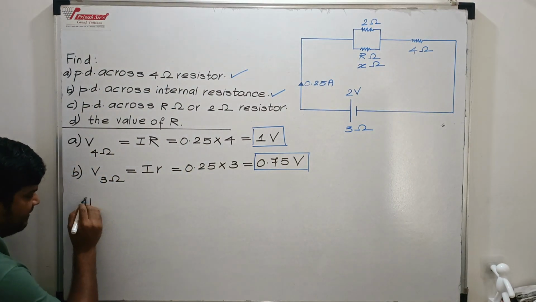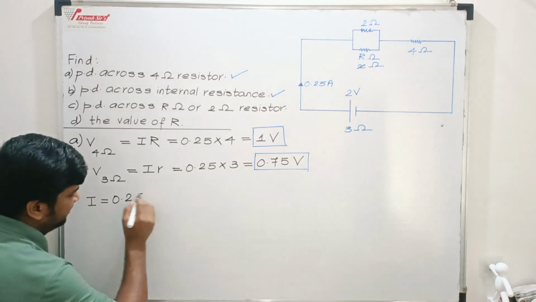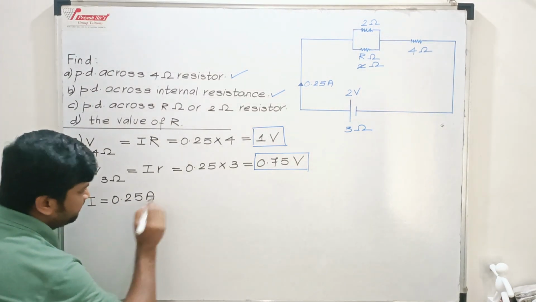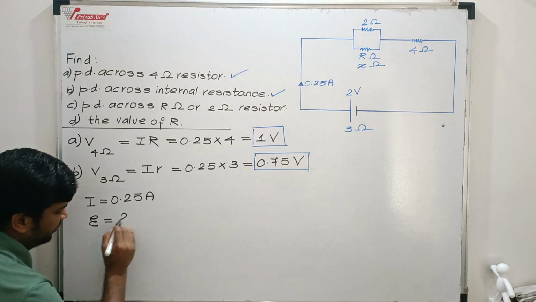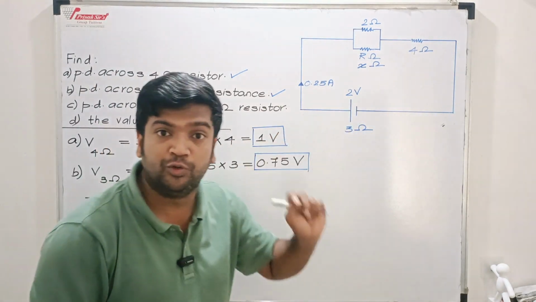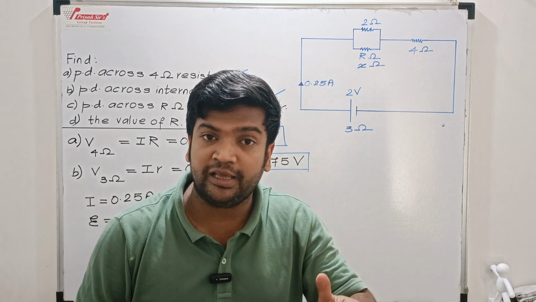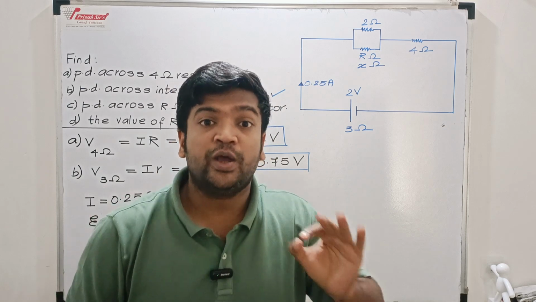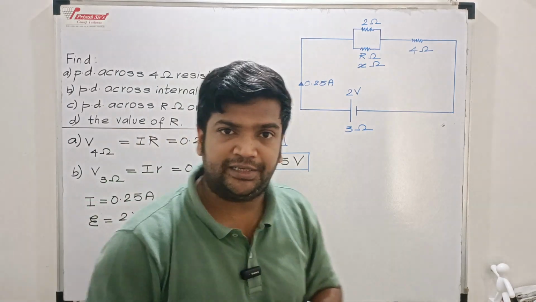Now I is given 0.25 ampere. EMF is given 2 volt. It's readily on the diagram as well. EMF 2 volt. So I have current available in the whole circuit, EMF available, so I can easily find out the total resistance in the circuit.